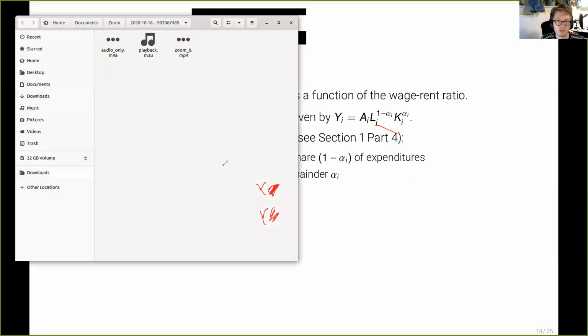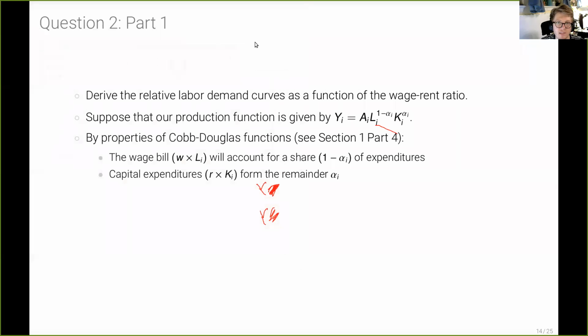So just to quickly recall the upshot of that section: in section 1, part 4, we said suppose we have a utility function defined over the consumption of two goods, good 1 and good 2.